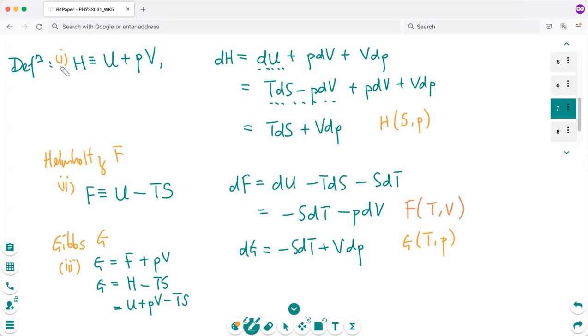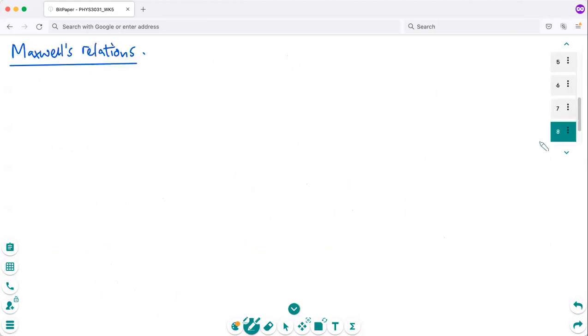Okay, so I define this for you. And now I can give you one more thing. Okay, and that is the Helmholtz function. So there is the Maxwell relation, and I'm going to use the Helmholtz function as an example. Okay, so I'm going to look at this in more detail, and that will give me the Maxwell relation.